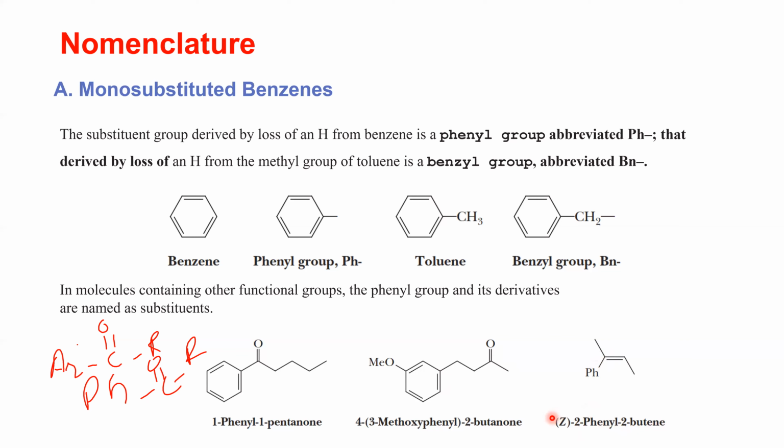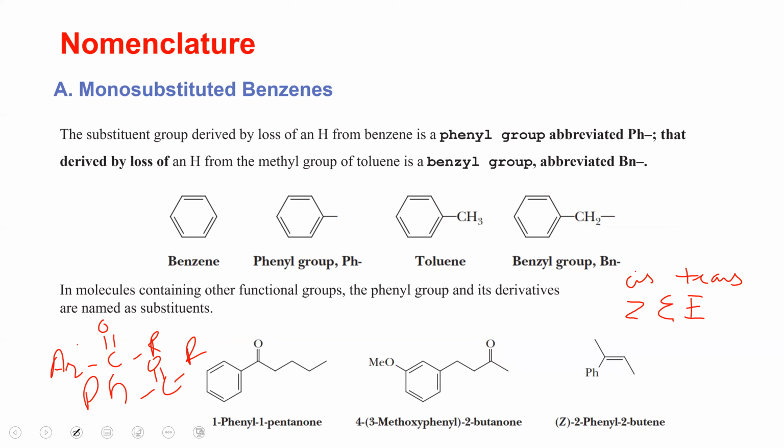Now, this Z is basically to represent that this structure is in a cis conformation, right? Though this is a separate topic, for your understanding, let me write this for you: this Z and E conformation is for cis and trans, and that is applicable for double bonded compounds.